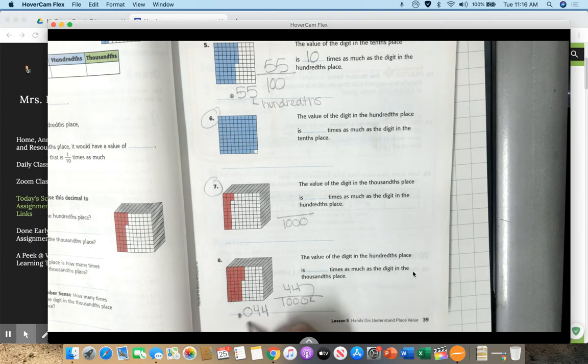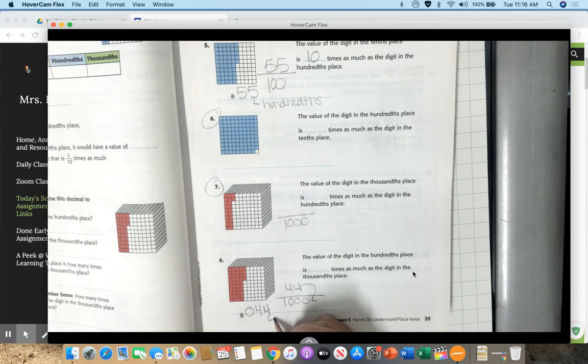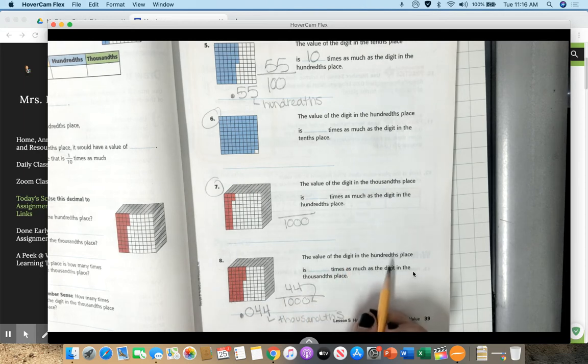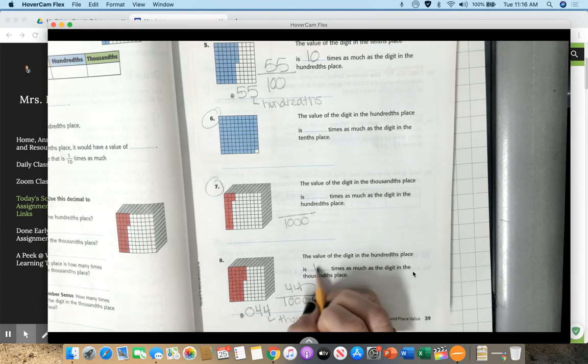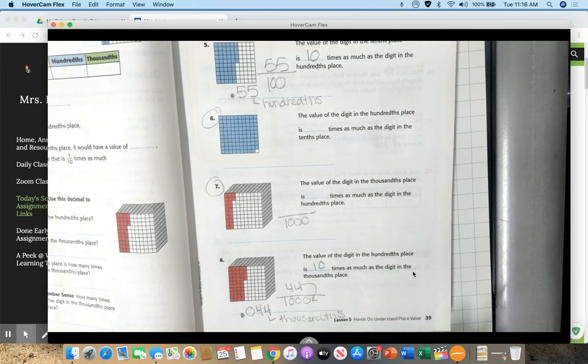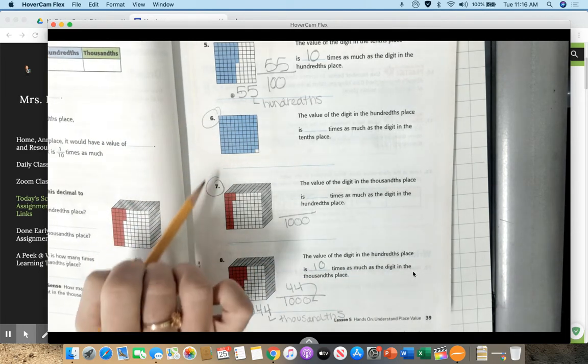Because now if I read this decimal out loud, this reads 44 thousandths because this 4 is sitting in the thousandths place. So be very careful when you write that down. Okay, now we're going to compare these two digits. The value of the digit in the hundredths place is how many times bigger than the digit in the thousandths? It's 10 times bigger.